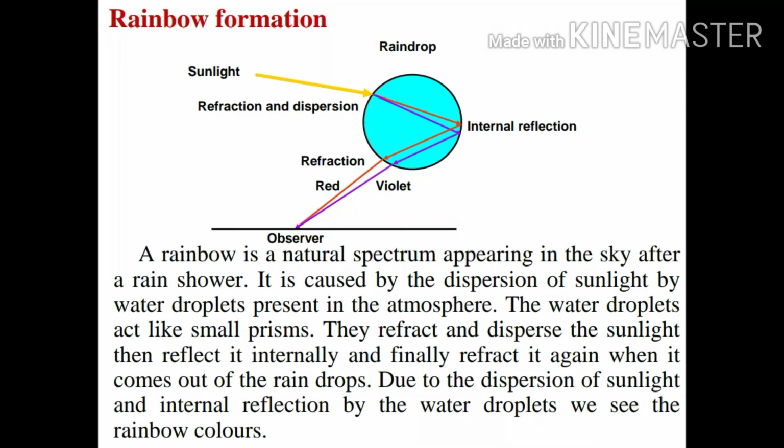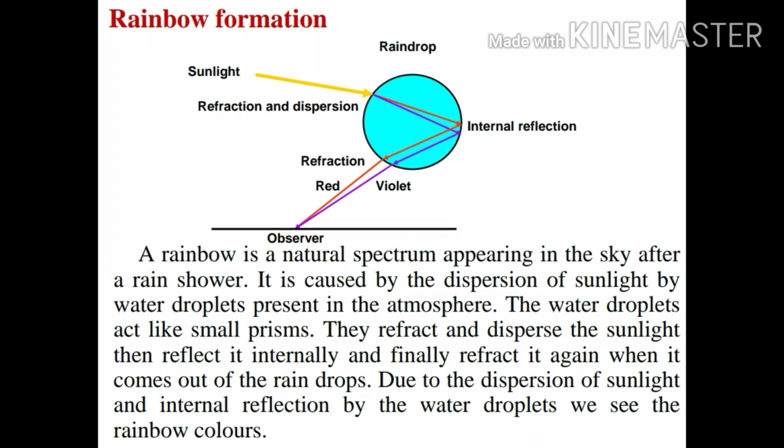Now what is total internal reflection? When light falls on a surface inside the denser medium at a particular angle, that angle is the critical angle, then it gets reflected back in the same medium. This phenomenon is total internal reflection.